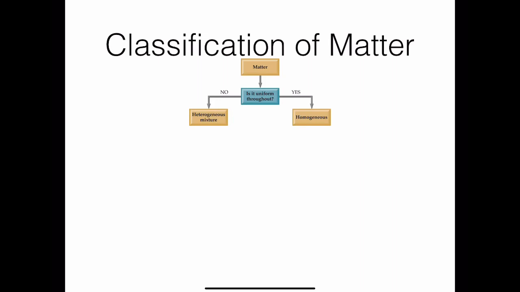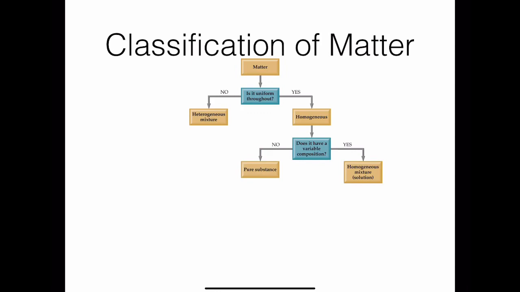So we want to break homogeneous, as far as is it uniform throughout, down into further categories. So if we know it's homogeneous and it's completely uniform throughout, we want to ask ourselves, does it have variable composition? If it has variable composition, then this is something like salt water. It looks the same throughout that whole sample, but the variable composition means it's made of more than one pure substance.